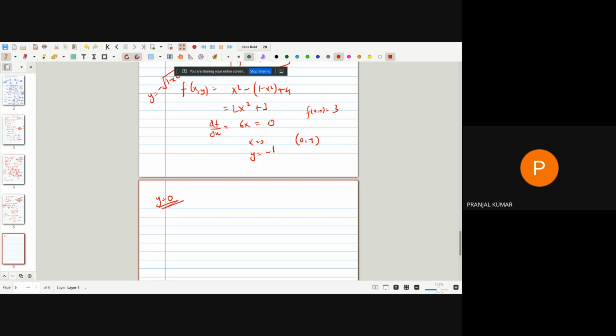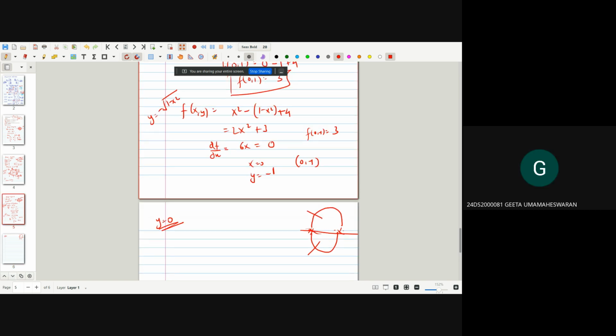Then you are left with 2 points for which y is 0. We divided the boundary into 3 parts: two circumferences, not including the points on the x-axis, and you have been left with these 2 points on the x-axis. So what are these 2 points?